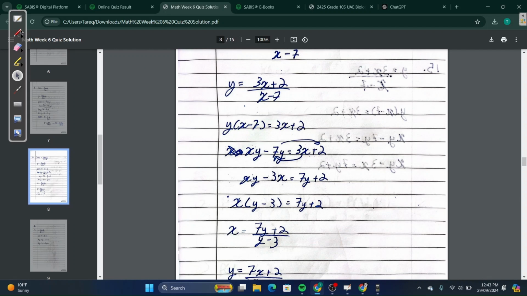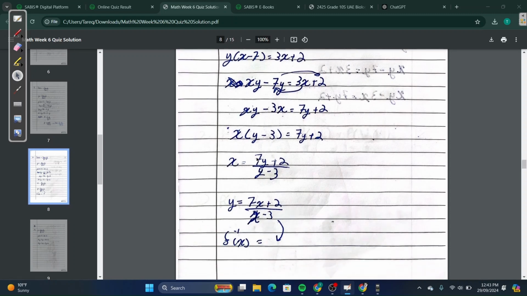Take the x to the other side, and take the y to the other side. You're gonna have xy minus 3x equals 7y plus 2. Factor out x. Same process. Then divide by y minus 3 on both sides. x is equal to 7y plus 2 over y minus 3. Interchange x with y. And this is gonna be your answer. All this thing here.